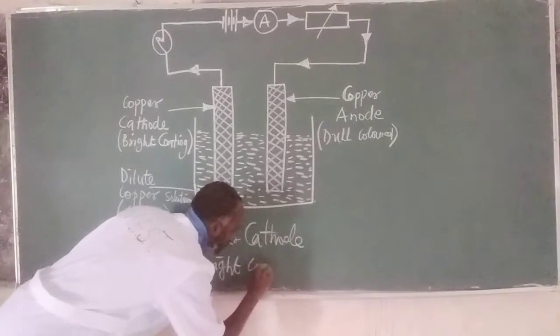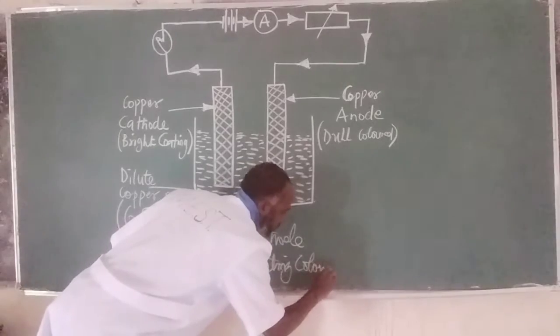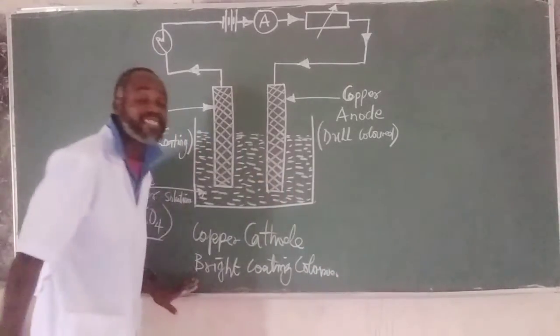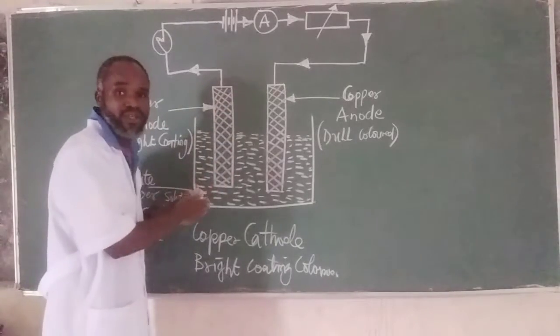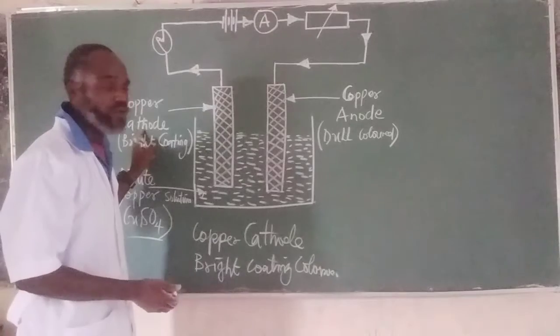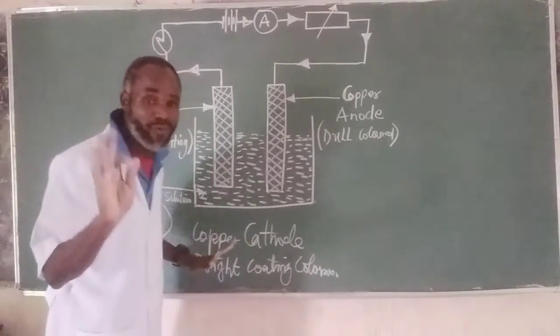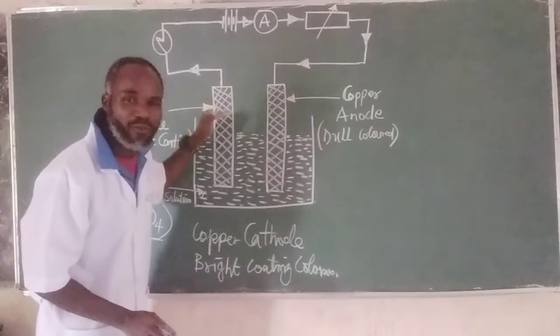Bright coating color is formed around the copper cathode, and this happens at the upper part of the copper cathode electrode.